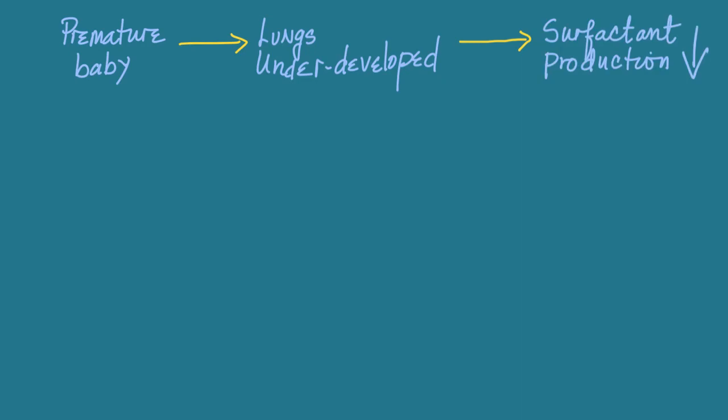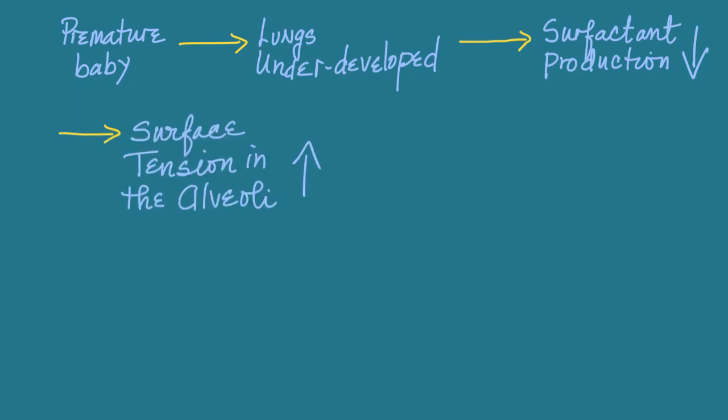So let's see how a premature baby or a neonate ends up with respiratory distress syndrome. When a baby is premature, the lungs are underdeveloped and the level of surfactant production is quite low. When there is no surfactant or very little surfactant, the surface tension in the alveoli increases, is quite high.